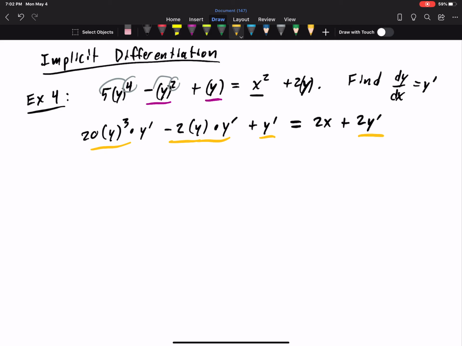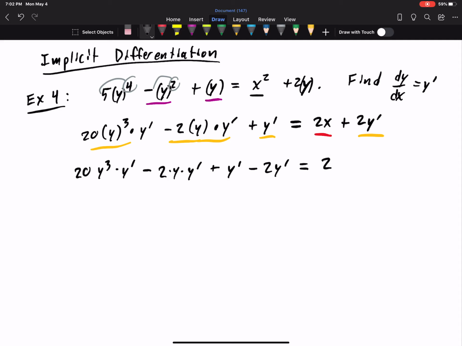We're going to subtract that over because we don't have a y prime on this 2 times x. So doing this, we rewrite a lot. I'm going to drop the parentheses here. So we have 2 times y prime. Because they're all being multiplied, I can drop the parentheses. I have y prime here, and then I subtract away 2y prime here.